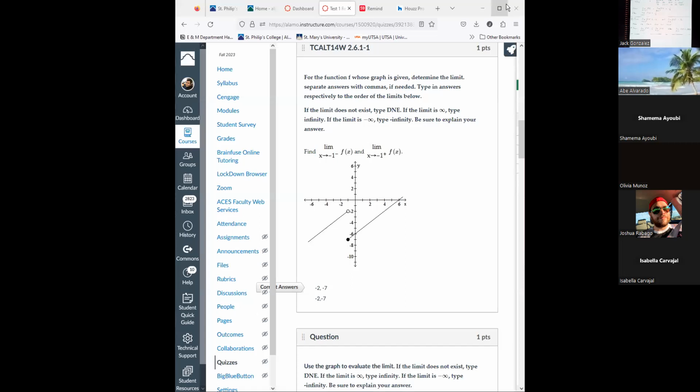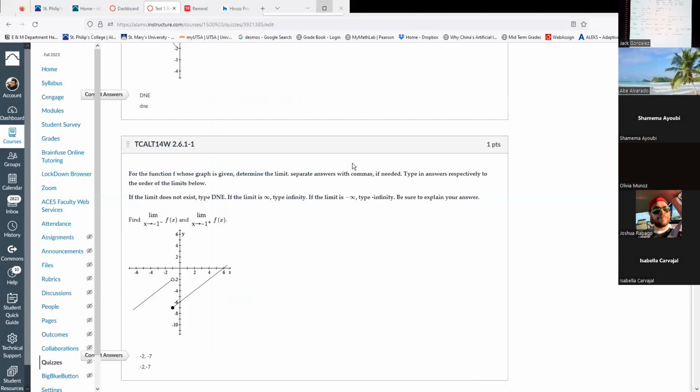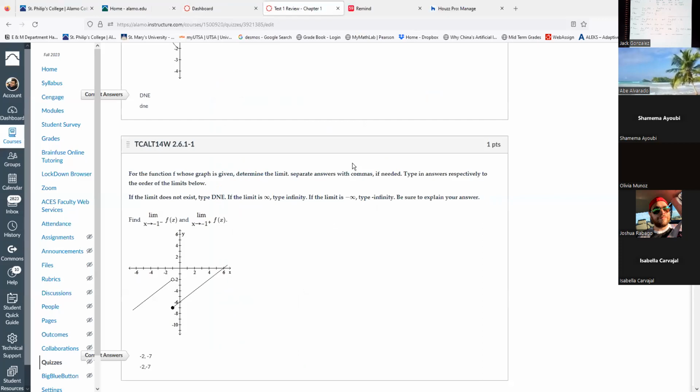All right, so check this guy out. Here, all they want you to do, there's not much to say here. They want to know the limit on the left and the right. That's all they ask for. They don't ask about anything else. So you would just say, well, the limit from the left is equal to -2, right? It's approaching this value.